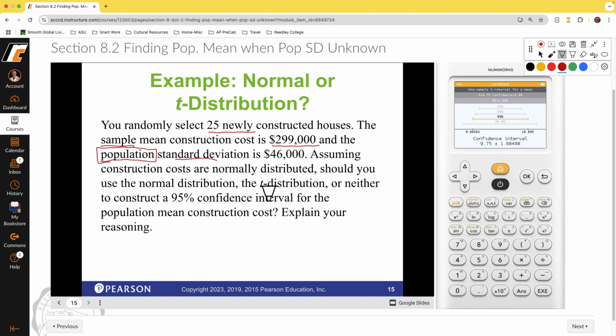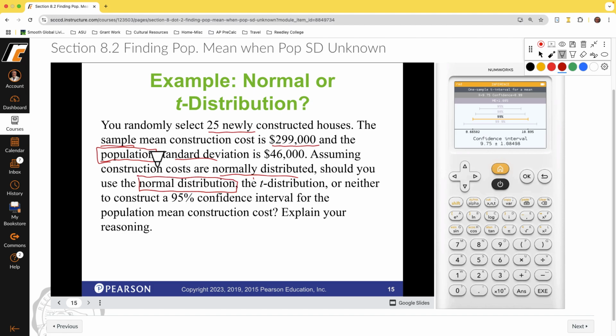Assuming construction costs are normally distributed, which is important for both of those, should you use the normal distribution or the t-distribution? Well, it's okay that we're under 30 as long as we're normally distributed, but since we have the population standard deviation, the one we're going to go with is the normal distribution, right?